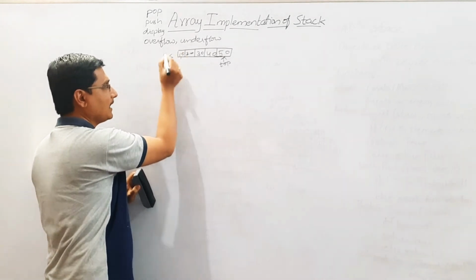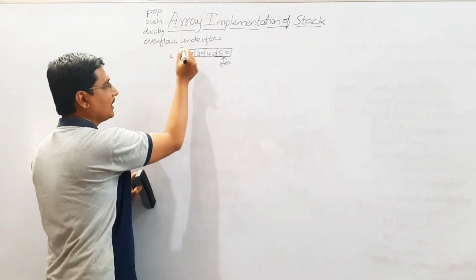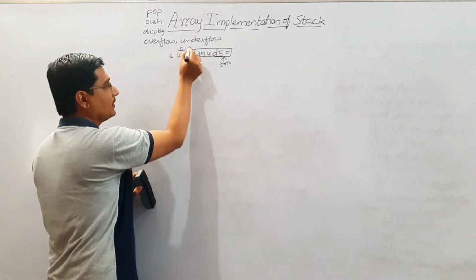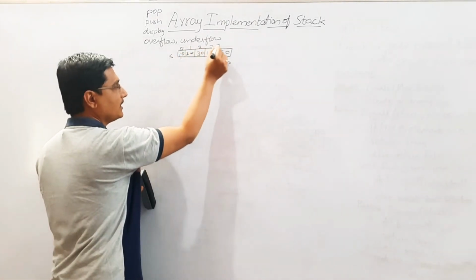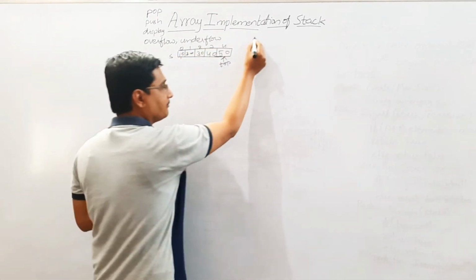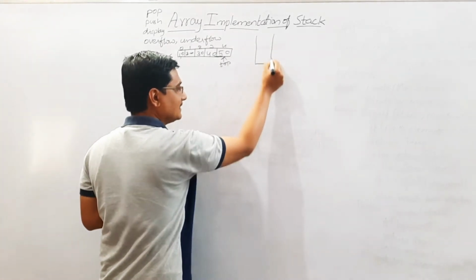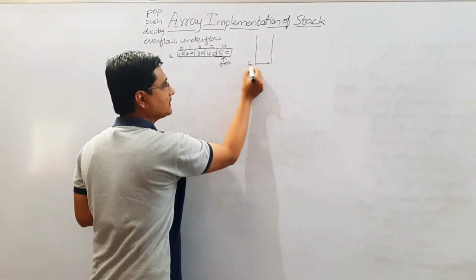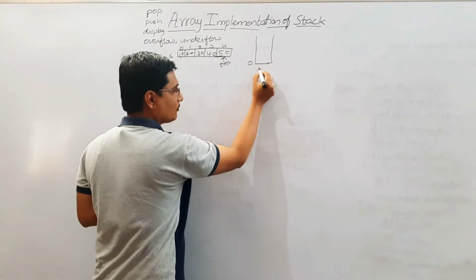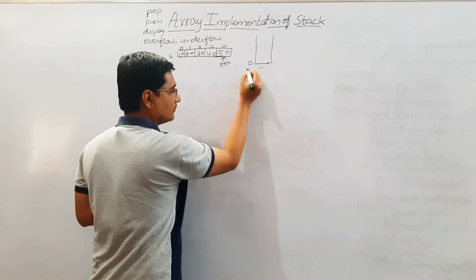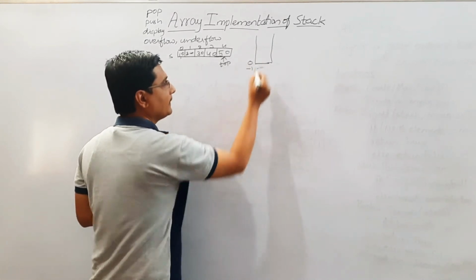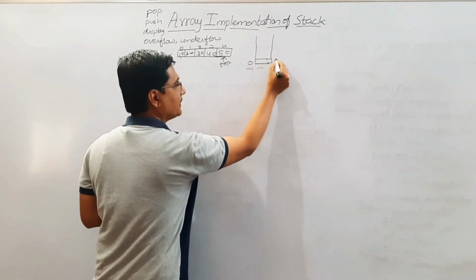If it is an array, then this is s of 0, s of 1, s of 2, s of 3, s of 4. If it is a stack, in the same way, initially top will be pointing to the index -1, then top will be pointing here.